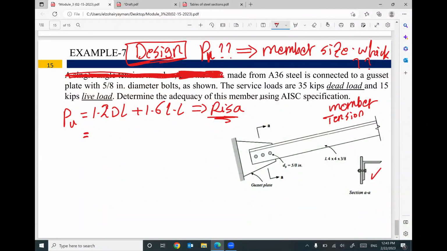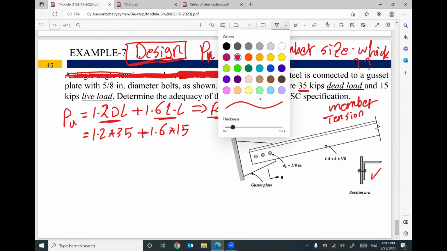But in this problem, the problem gives us the dead load 35 and the live load 15 only. So the typical combination is 1.2 dead plus 1.6 live, since we don't have snow or anything else.